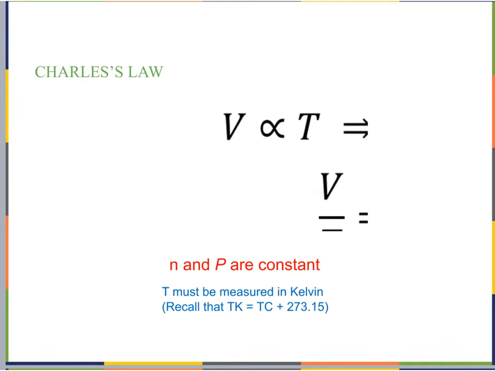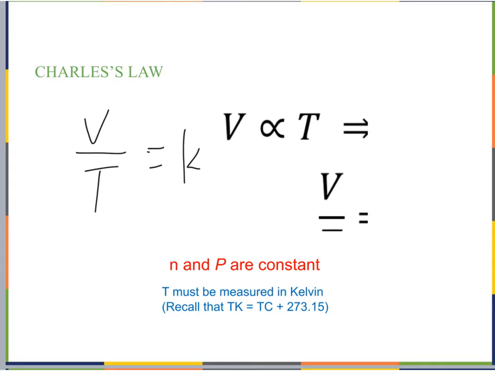So let's look at Charles' law, right? Charles' law, we talk about volume and temperature, and volume is directly proportional to temperature, and so V over T equals a constant. All right, that's Charles' law.